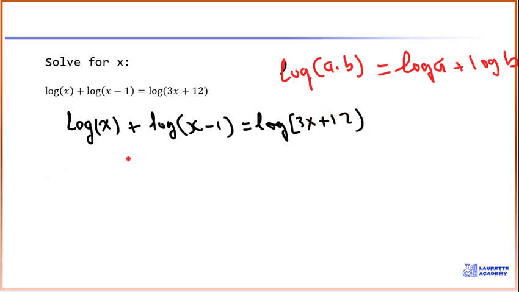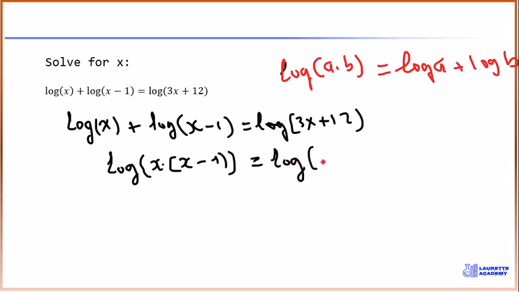This left hand side would then become log of x times x minus 1. We're applying this property to the left hand side, and this is equal to the log of 3x plus 12.